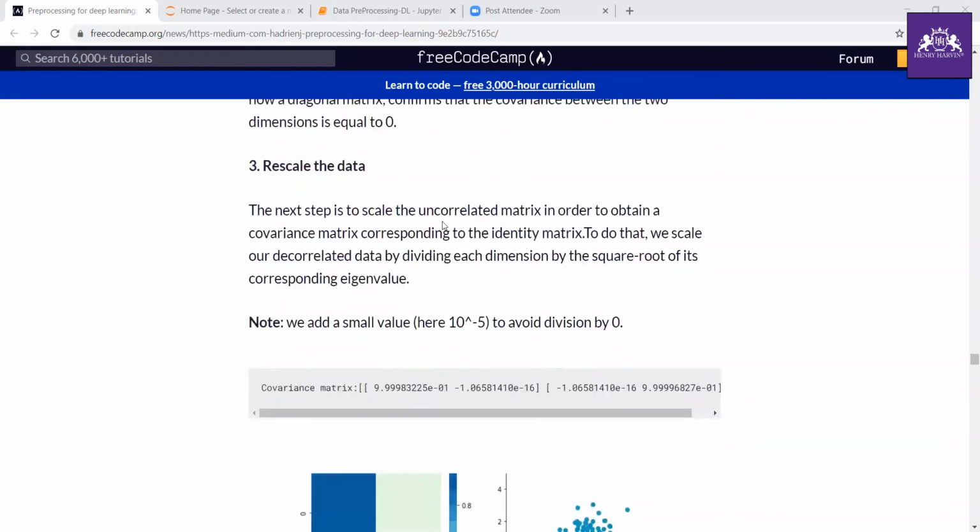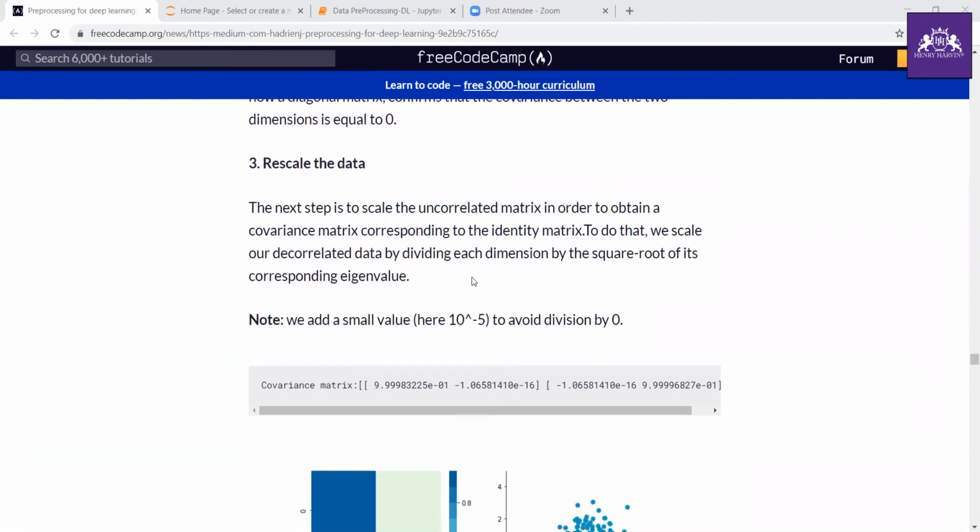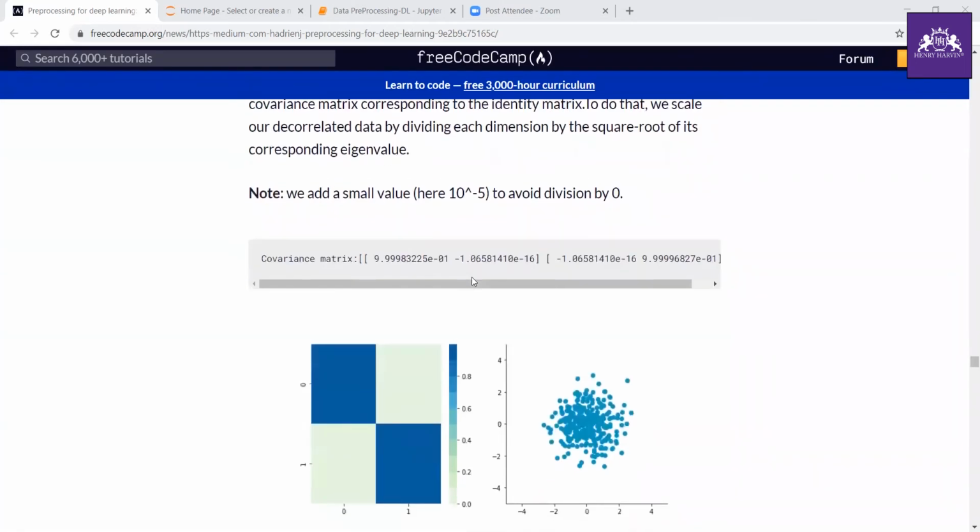The next step is to scale the uncorrelated matrix in order to obtain a covariance matrix corresponding to the identity matrix. To do that, we scale our decorrelated data by dividing each dimension by the square root of its corresponding eigenvalue.